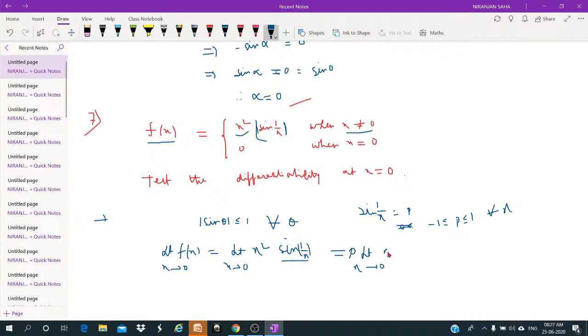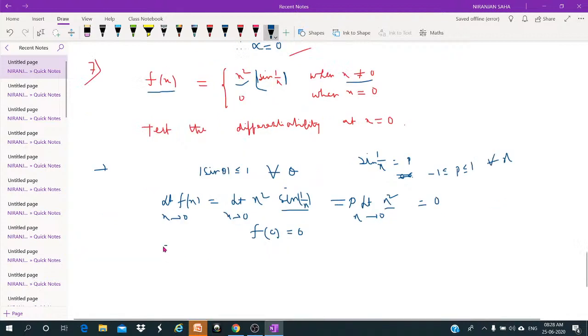You can just consider the function x square. So it will be 0, and f(0) is also given as 0. So it is continuous at 0. So f is continuous at x is equal to 0.